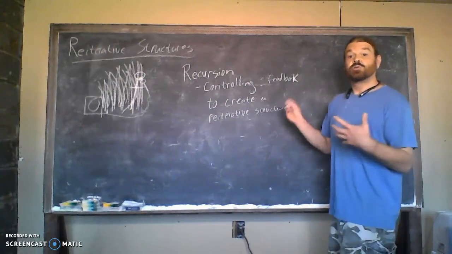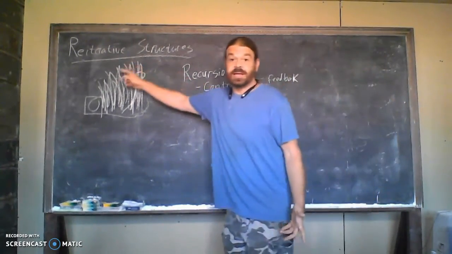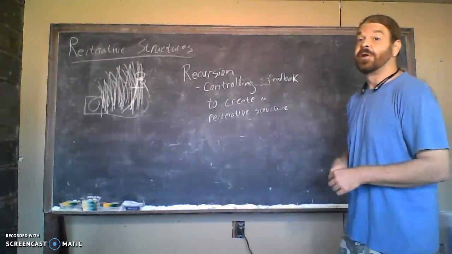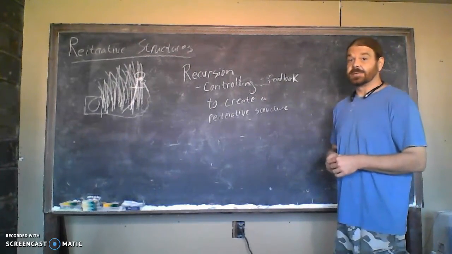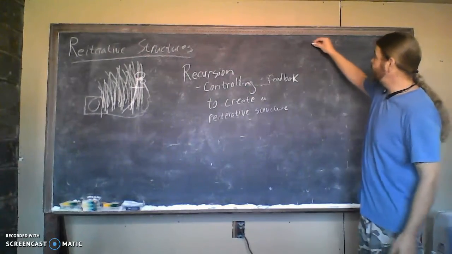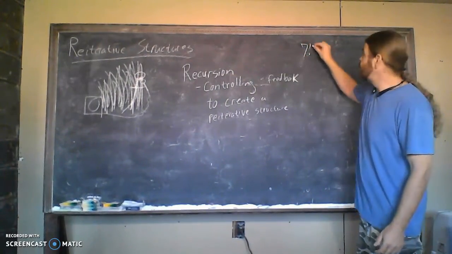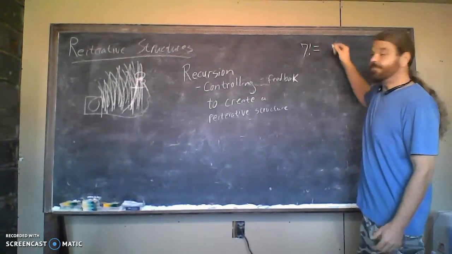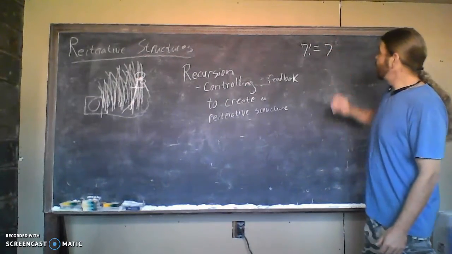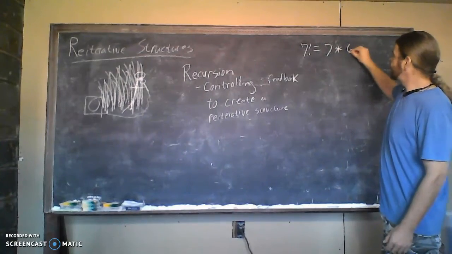So we'll control the feedback in order to repeat things, to do things over and over again with a little bit of modification so that the problem eventually gets solved when there are very similar steps. Kind of like I pointed out, introduce factorial, 7 factorial. Well, every factorial smaller than that is in 7 factorial. So another way we could think of that would be 7 times 6 factorial.